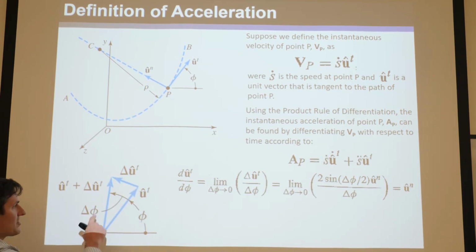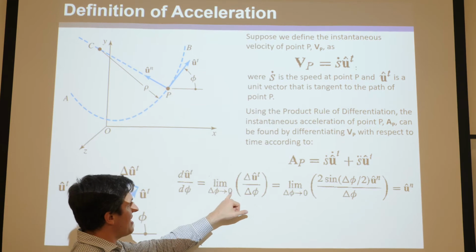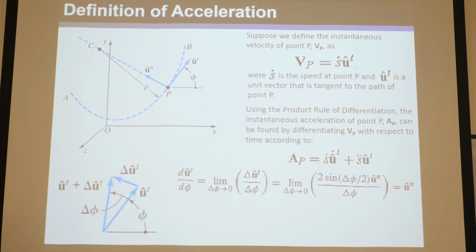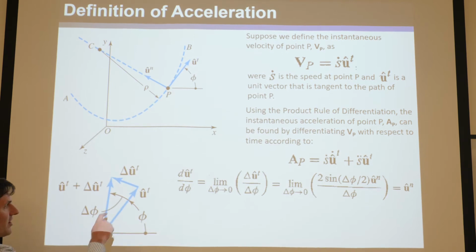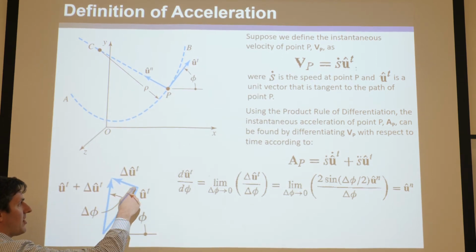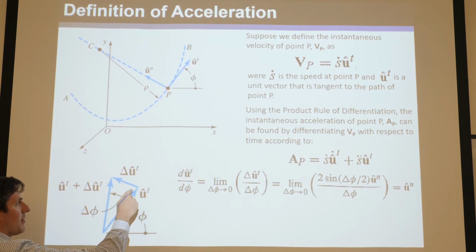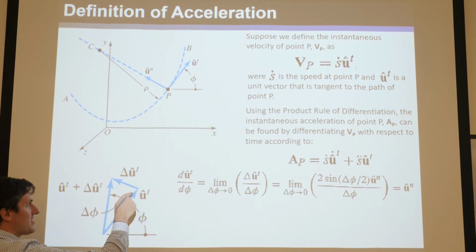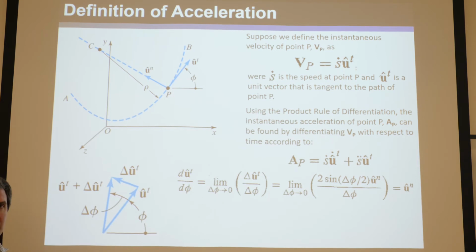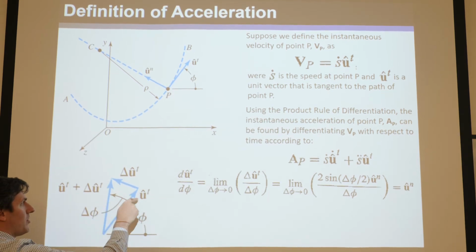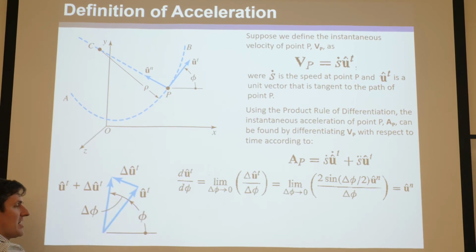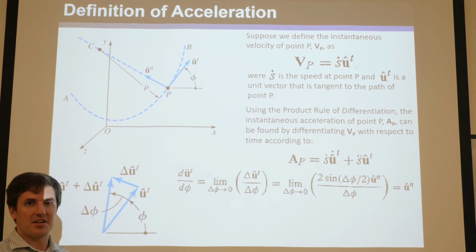Well, you can imagine as delta phi approaches 0, as it gets smaller and smaller, some interesting things happen. First of all, these angles approach 90 degrees, because you know this angle plus that angle is 180 degrees, and you know these two angles are equal. So if this approaches 0, both those angles have to be 90 degrees to add to 180 degrees.